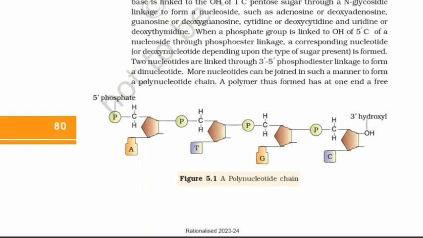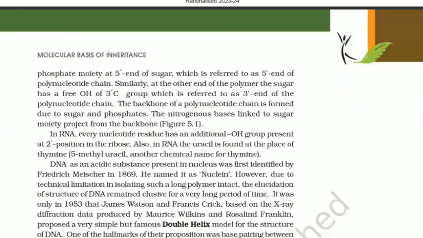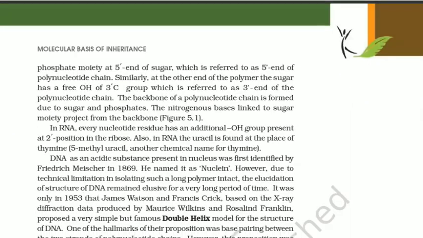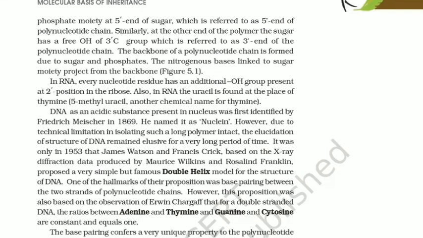A polymer thus formed has at one end a free phosphate moiety at the 5' end of the sugar, which is referred to as the 5' end of the polynucleotide chain. Similarly, at the other end of the polymer, the sugar has a free OH group on the 3' carbon, which is referred to as the 3' end of the polynucleotide chain. The backbone of a polynucleotide chain is formed by sugar and phosphates.